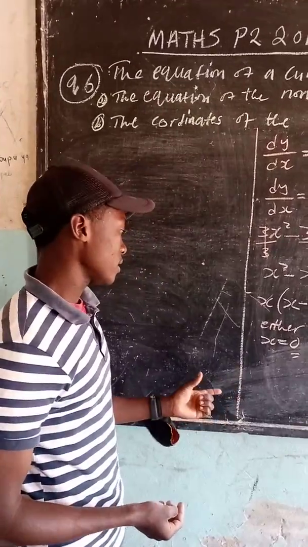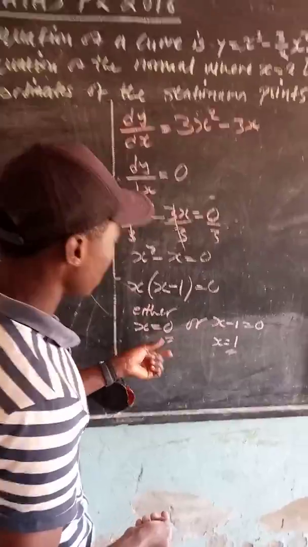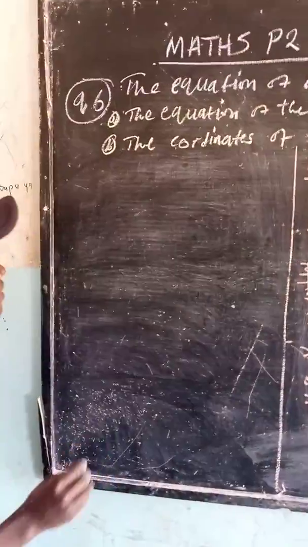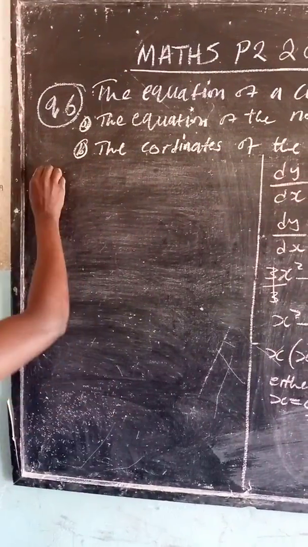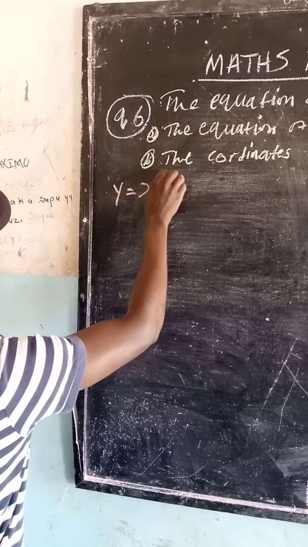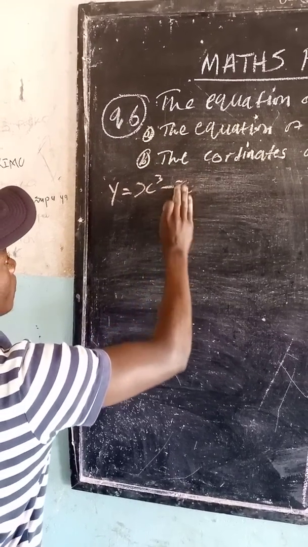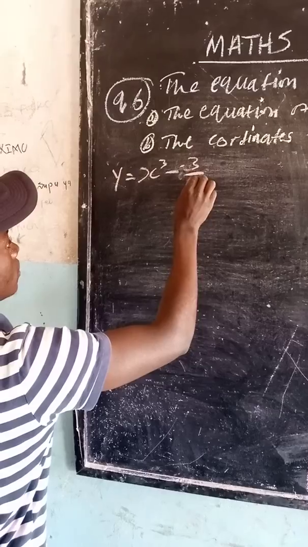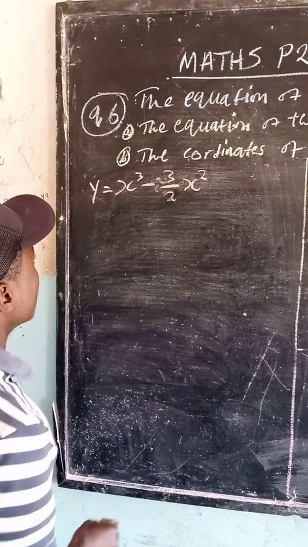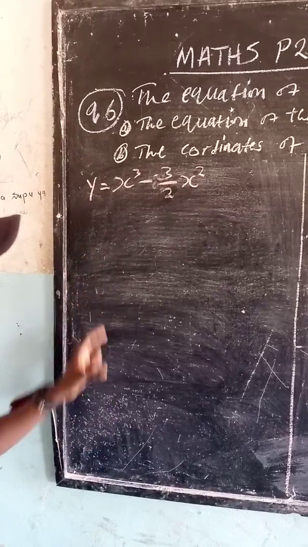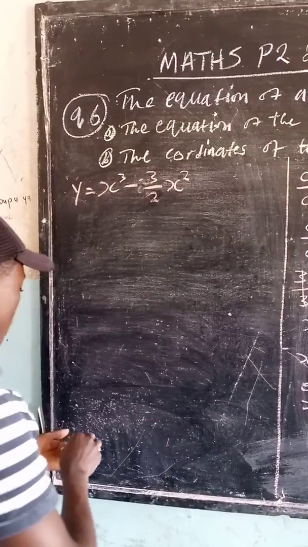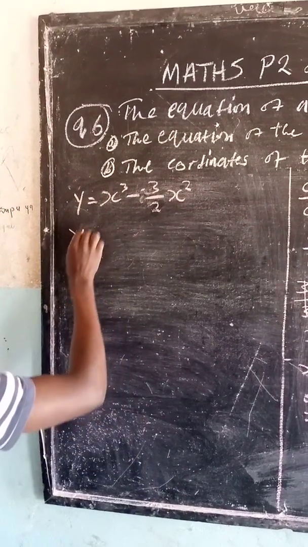Okay, so here in this case, we have the x coordinates. We are remaining with the y coordinates. So how do we find the y coordinates? We can find the y coordinates by using the actual equation. Where there is x, we are going to substitute with 0.